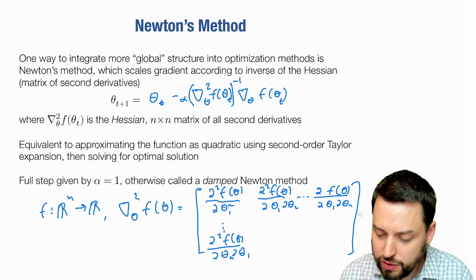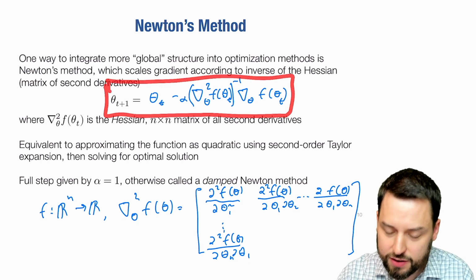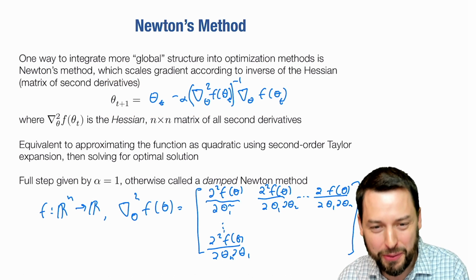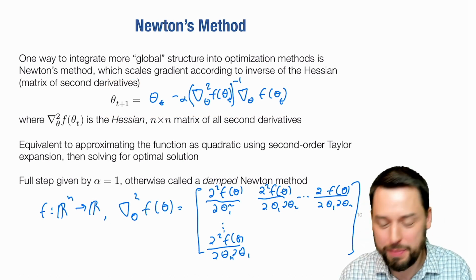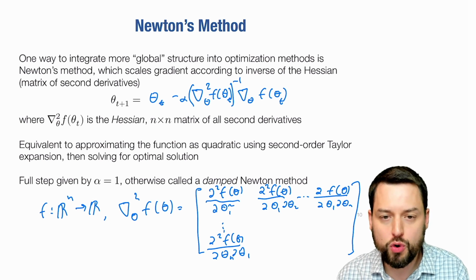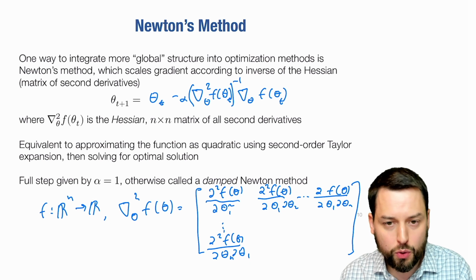And the way to interpret this update rule here, which again, I don't want to get into too much because it doesn't really matter for deep learning, but I want to at least put it up here, is that this update approximates the function f using what's called its second order Taylor expansion.